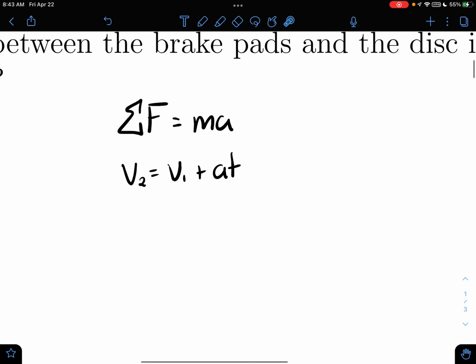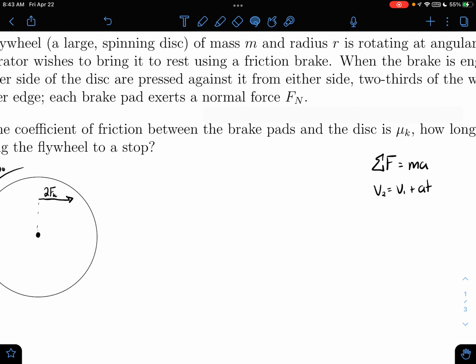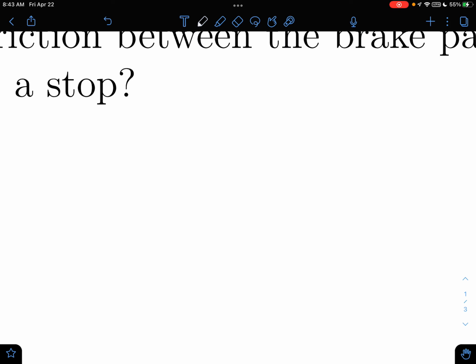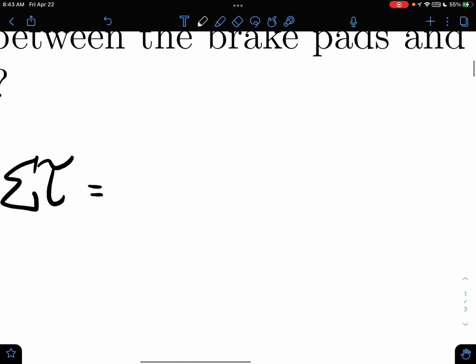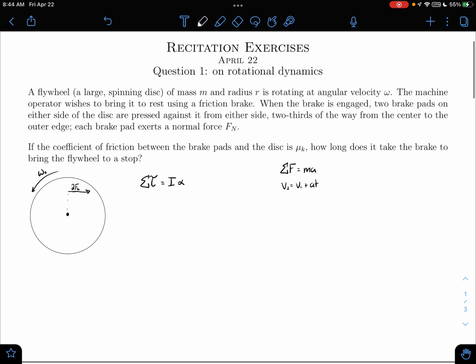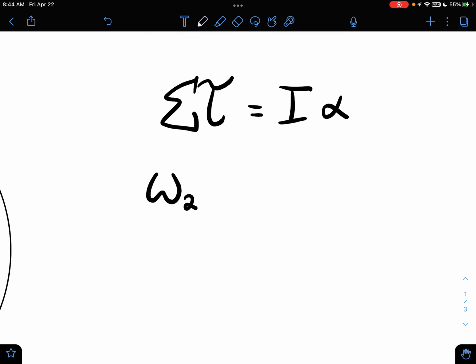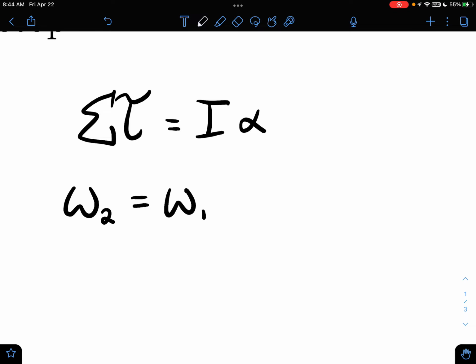Well, it's the exact same thing in rotational motion, right? But instead of our sum of forces, we get to do our sum of torques equals I alpha, right? Our rotational moment of inertia and our angular acceleration. And the same way we use the kinematics equation here, we can use the exact same kinematics equation, but in the rotational mode: omega 2 equals omega 1 plus alpha t.